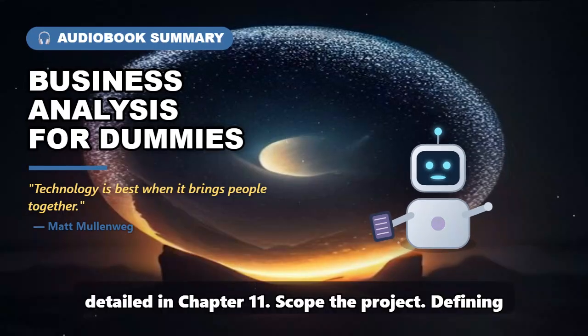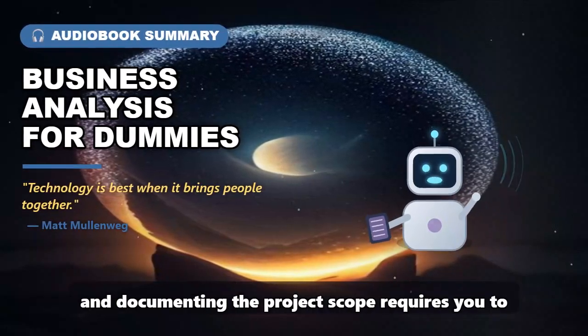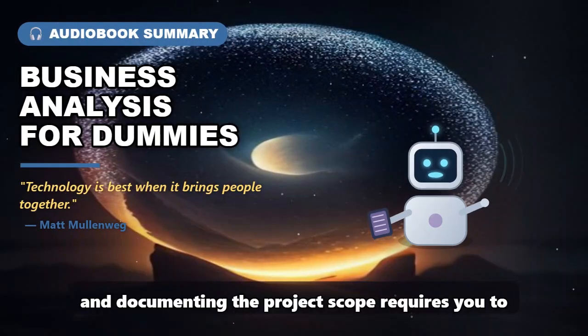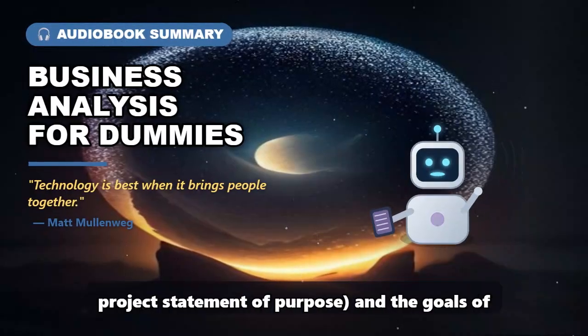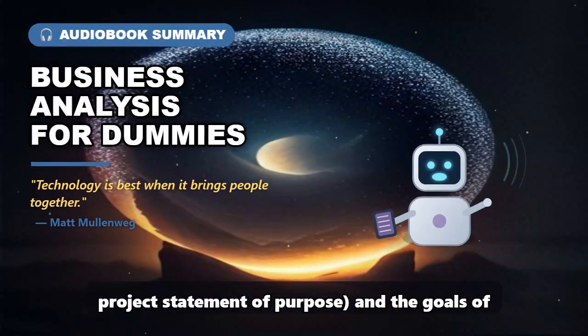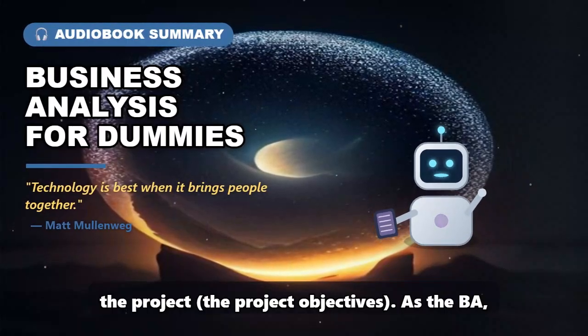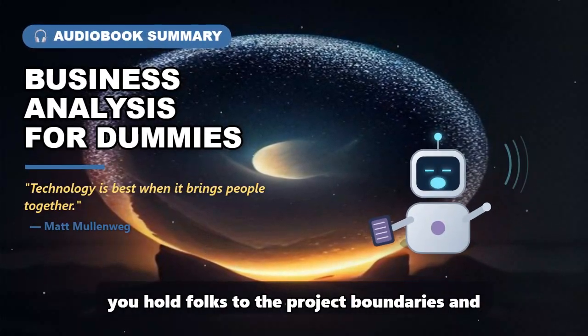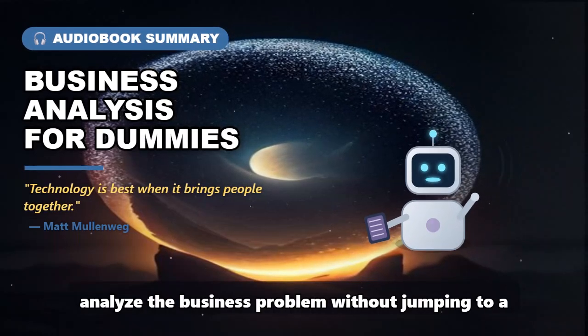Scope the project. Defining and documenting the project scope requires you to understand why the project has been initiated, the project statement of purpose, and the goals of the project objectives. As the BA, you hold folks to the project boundaries and analyze the business problem without jumping to a solution.